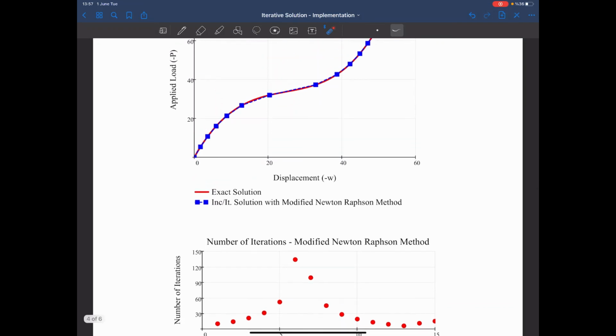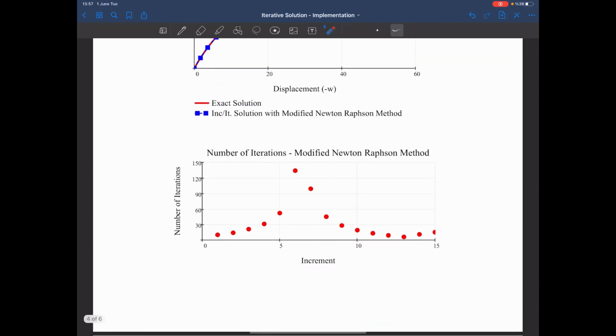So when we have a nonlinearity or significant slope change between these 2 points, the number of iterations significantly increases. Here maybe we reach equilibrium in 10 to 20 iterations, but when we come to this point, as you see, we have a significant increase in the number of iterations.